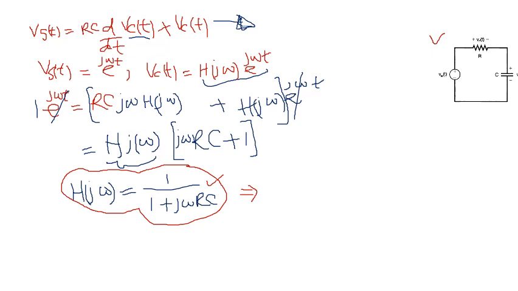But anyway, from the previous example we can say that h of t for this will be equal to 1 by RC e power minus t by RC into u of t. So that will be the impulse response for this circuit.